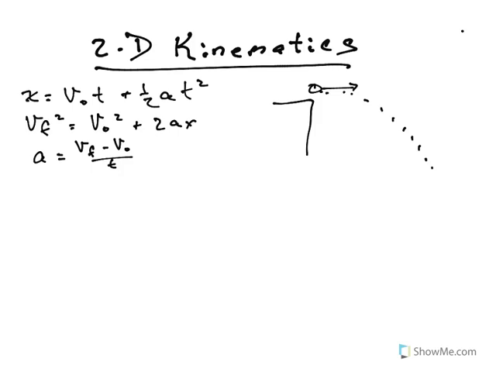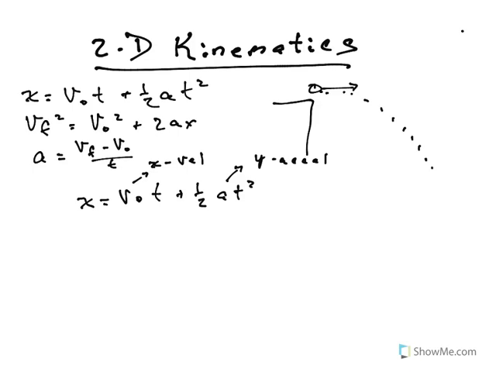So let's say I try to use the first equation, x equals v naught t plus 1/2 at squared, and I start trying to manipulate this for the example I gave. The a is going to be a y acceleration. The v naught, well, obviously when I threw the rock, I initially threw it horizontally, so the initial velocity is an x velocity. Well, this can't happen.